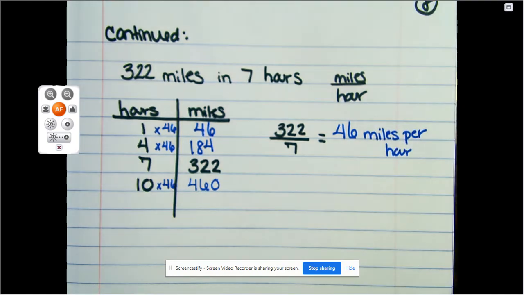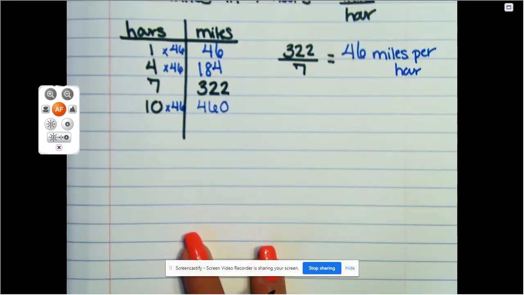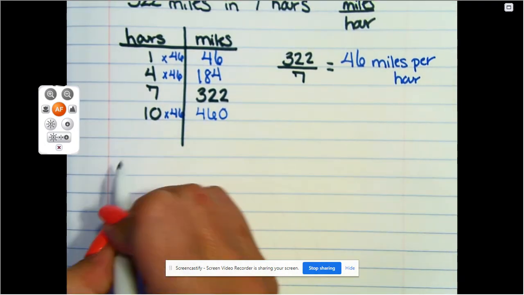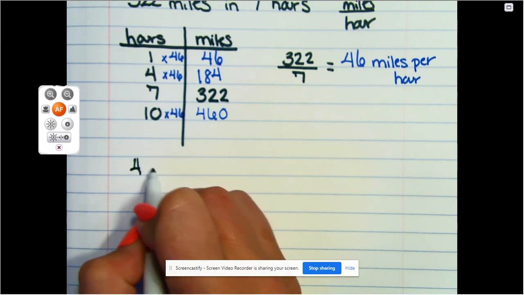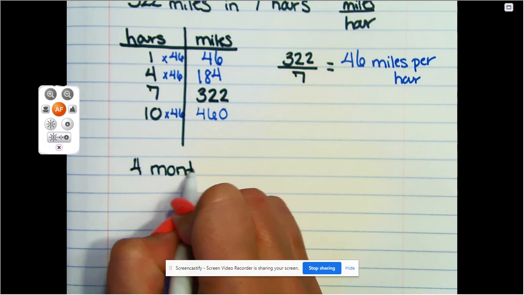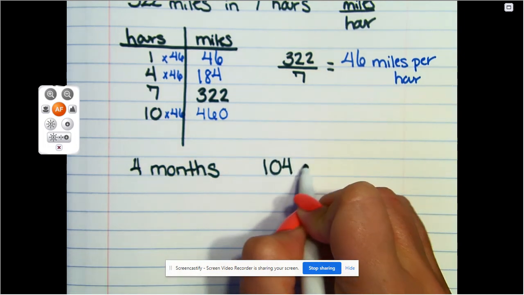Let's do one more for this particular video. If you're with me on Zoom today, you know that we did a couple more, but that's okay. In a notebook, we're just going to do one more. So in 4 months, 104 gallons were used.